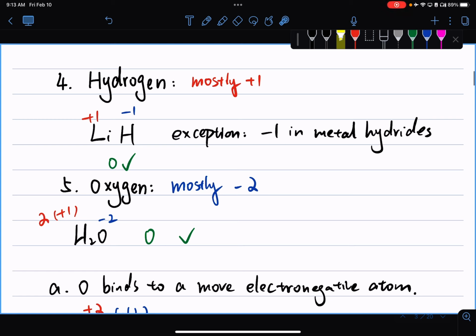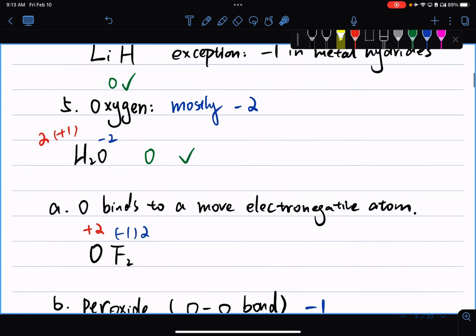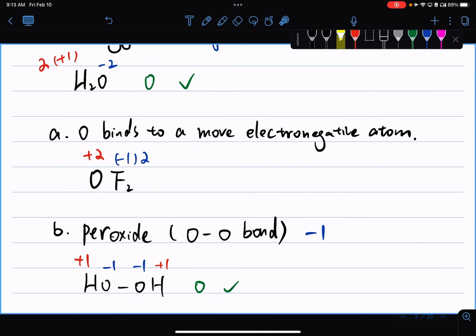Then we have hydrogen, that's typically +1, but in metal hydrides that's an exception, because the priority is lower than the alkali priority. So hydrogen is normally +1, can be -1 when it's in metal hydrides. And then oxygen, when it's binding to a more electronegative atom, that's going to be an exception. Otherwise, it's going to be -2.